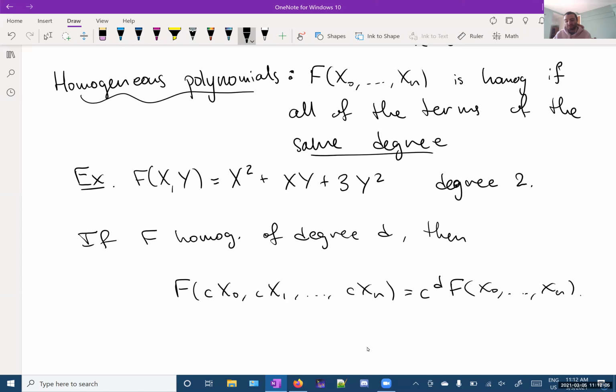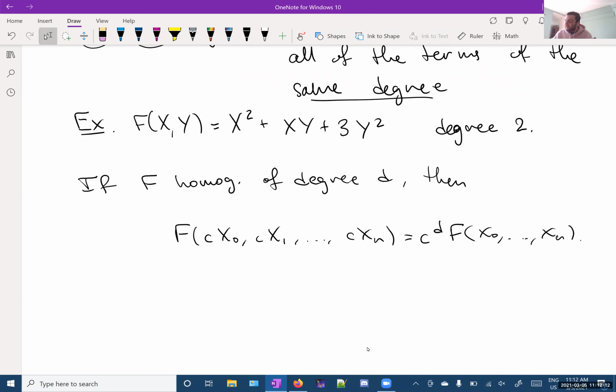Right, I factor out the c to the d from every single monomial term, and this is what we get. And so what this means is that maybe not the value of f as a polynomial is invariant under scaling, but the set on which f is 0 is invariant under scaling, right?